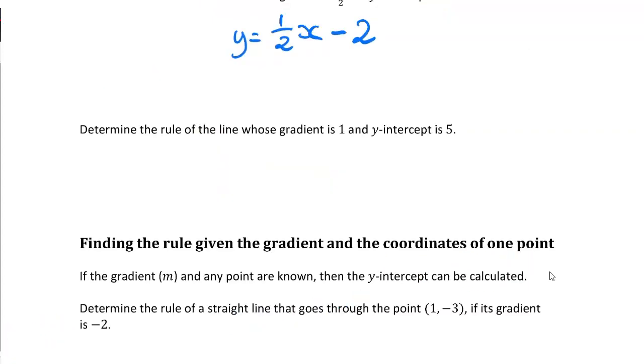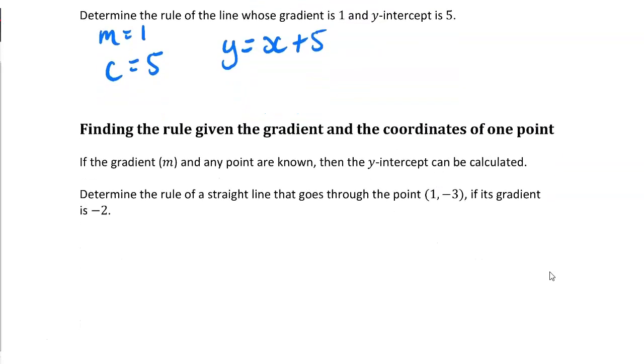And determine the rule whose gradient is 1 and y-intercept is 5. So I've got my m equal to 1 and c equal to 5. So y equals 1x, which I just write as x, and 5, like so.